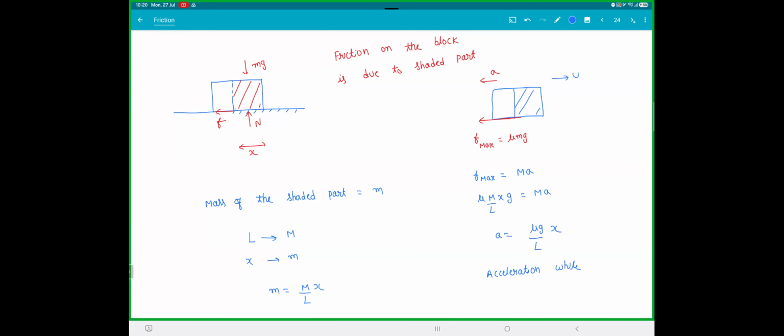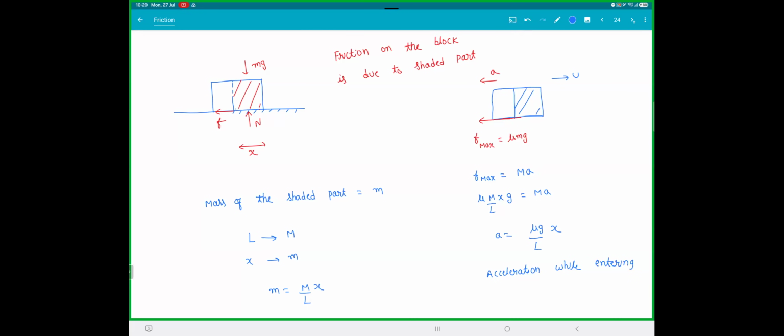Because as it goes more and more into the right side, you get more and more friction because more part is on the rough region. That is the reason it will feel acceleration. That's why I took total mass M. I didn't take mass of only that part. The friction will be only on the right hand side.